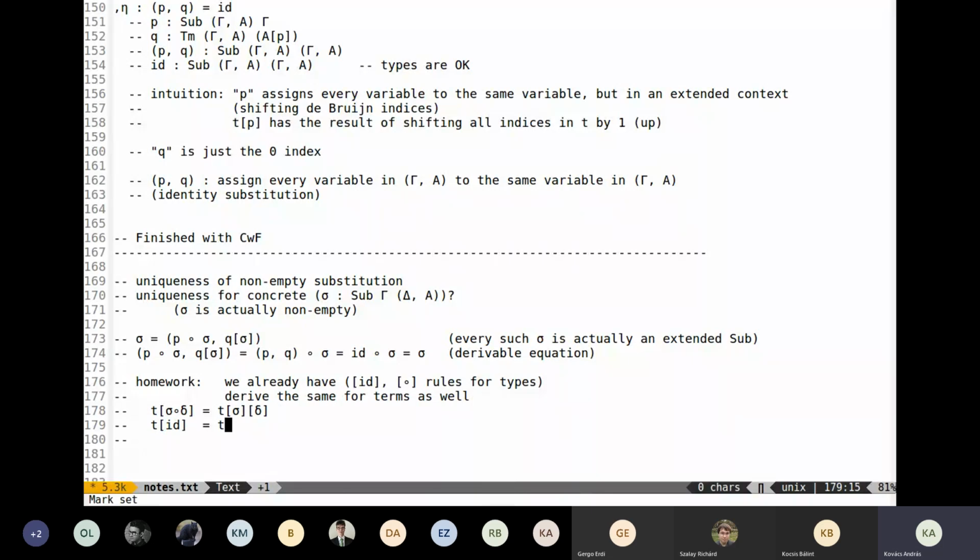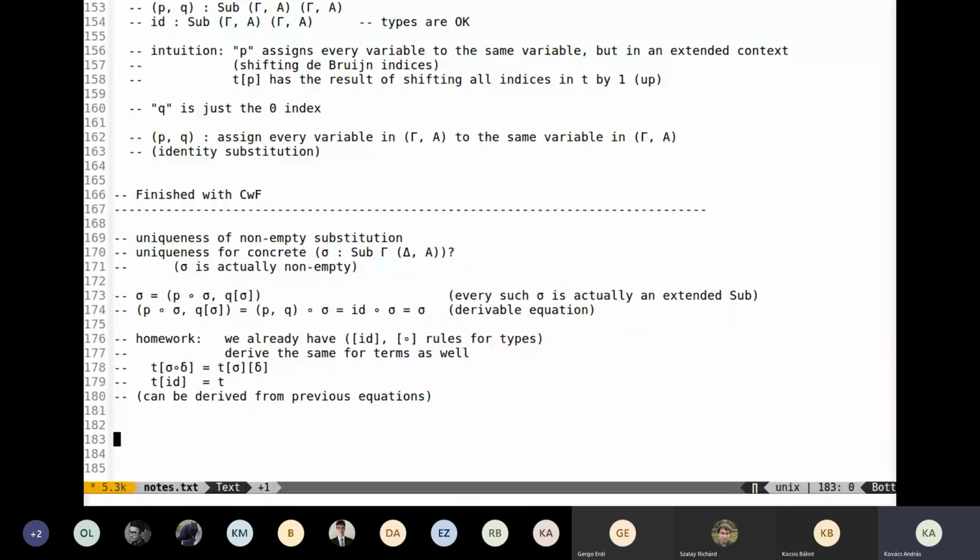And I claim that these two equations are derivable from the previous stuff. Okay, not from all previous equations, we only need to use some previous equations to derive this.